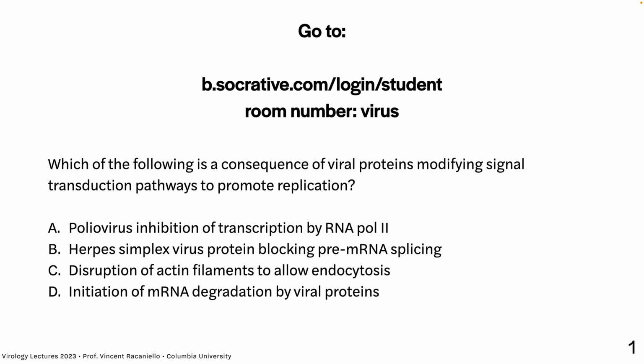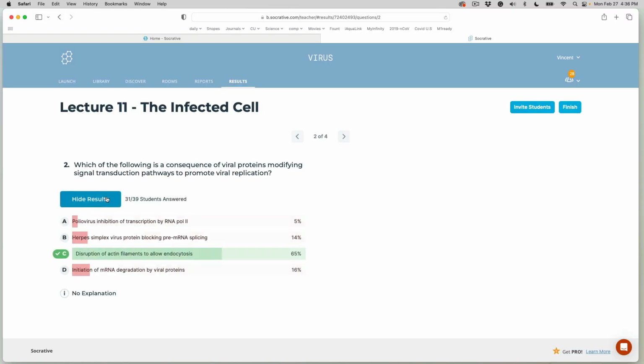What's an example of viral proteins modifying signal transduction pathways? Disruption of actin filaments is the right answer. So that's a signaling pathway. Everything else is not a signaling pathway.